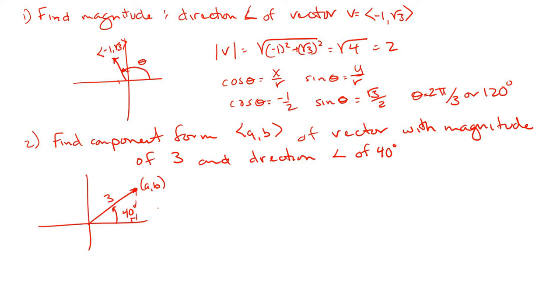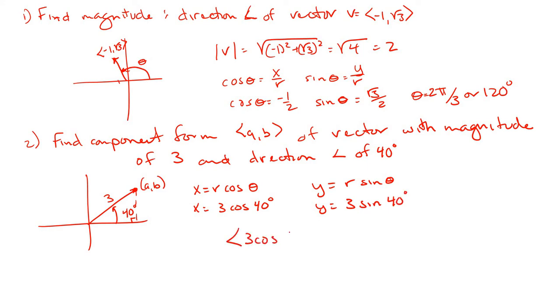So using some trigonometry again, I know that x equals r cos theta. So x is 3 times the cosine of 40 degrees. y equals r sine theta. So y equals 3 times the sine of 40 degrees. So my vector is ⟨3 cos 40°, 3 sin 40°⟩. And you can put that into a calculator and get a decimal value as well.